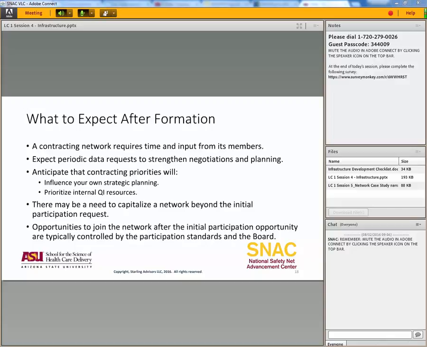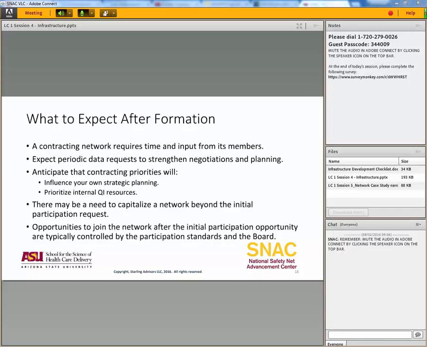And really then and only then can they come back to the members and discuss the longer term costs of providing those services. And that's really the point in time at which the network's in really kind of the best possible position to seek that funding from the outside world, whether that be through foundations or other funders, or from payers directly.